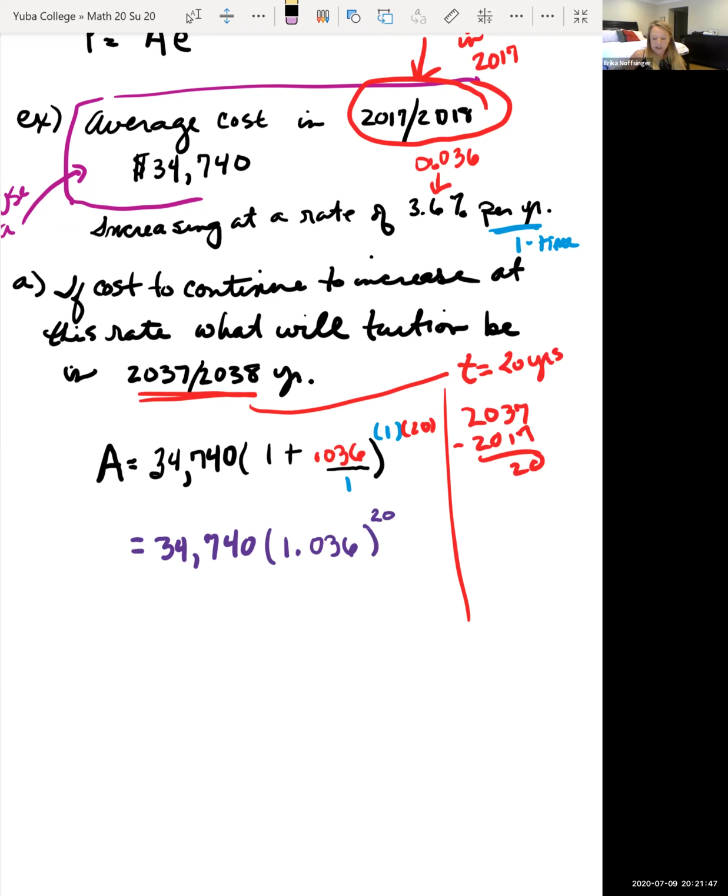Order of operations: you first have to do that 1.036 and raise it to the power before you can multiply it by the $34,740, unless you put parentheses in the correct places in your calculator. So 1.036 to the 20th gives me about 2.028593. Take that number and multiply it by the $34,740.